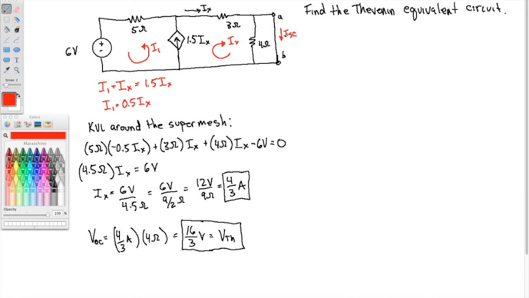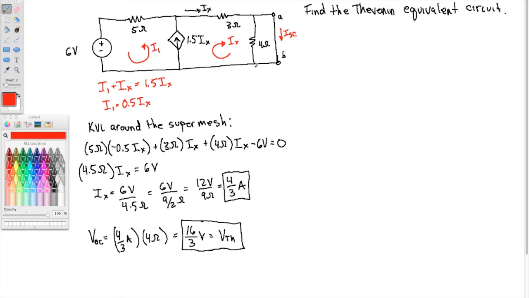Here I want to point out that the 4 ohm resistor is shorted. It's connected to the same node now because of the short circuit, so there's no current that goes through that 4 ohm resistor. All of the current goes through the short circuit. So now it's this circuit I have to analyze.